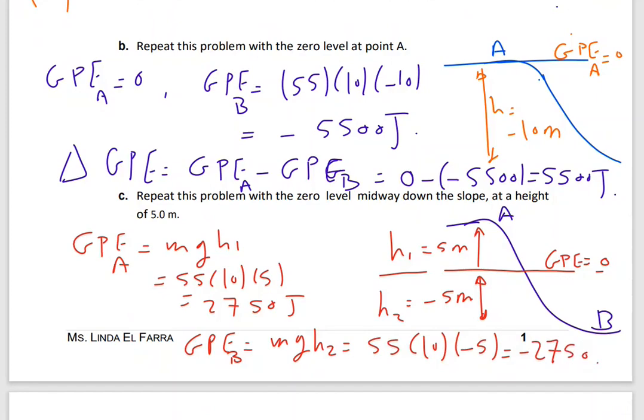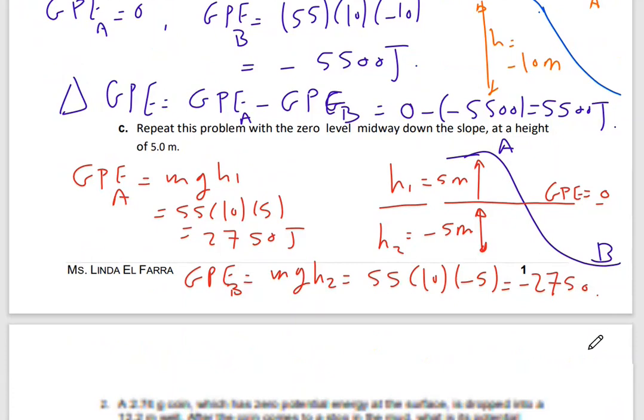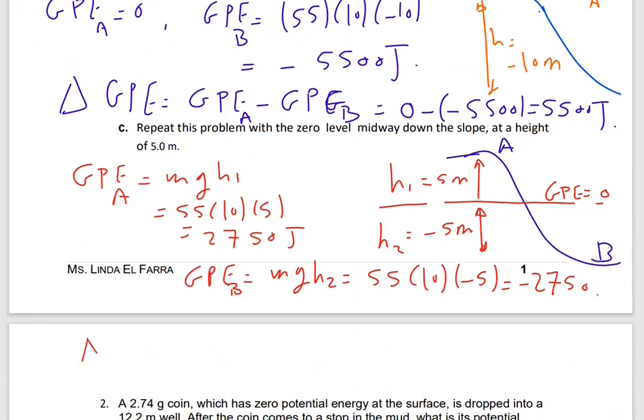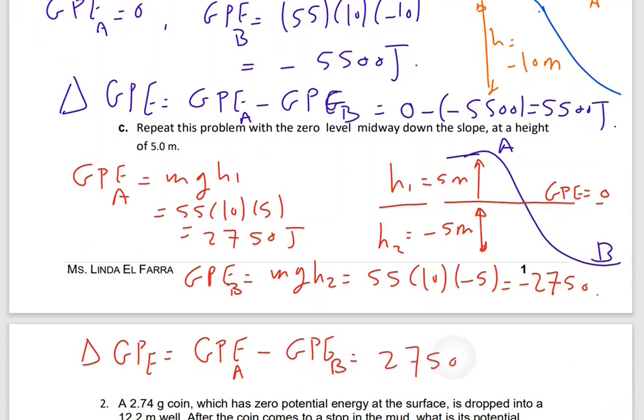Now the difference between A and B, the change in gravitational potential energy, means gravitational potential energy at A minus gravitational potential energy at B. At A is 2,750 minus the gravitational potential energy at B, minus 2,750. And this will give us the same number, 5,500 joules.